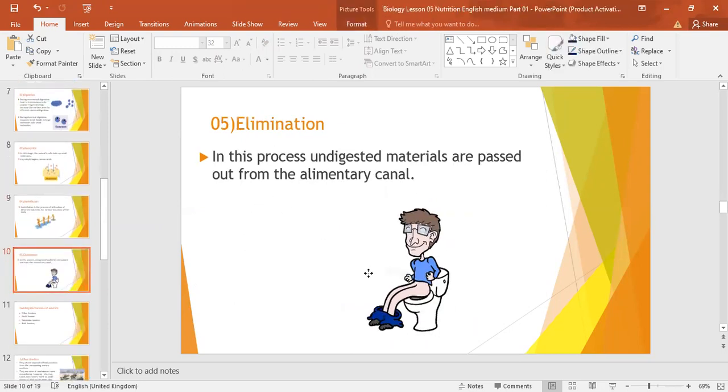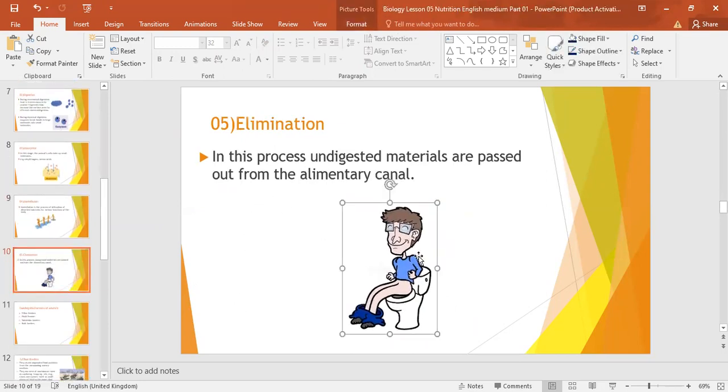You can easily get an idea what the elimination is. In this process, undigested materials are passed out from the alimentary canal. Okay, then the production and releasing of feces. Elimination is the releasing of feces.